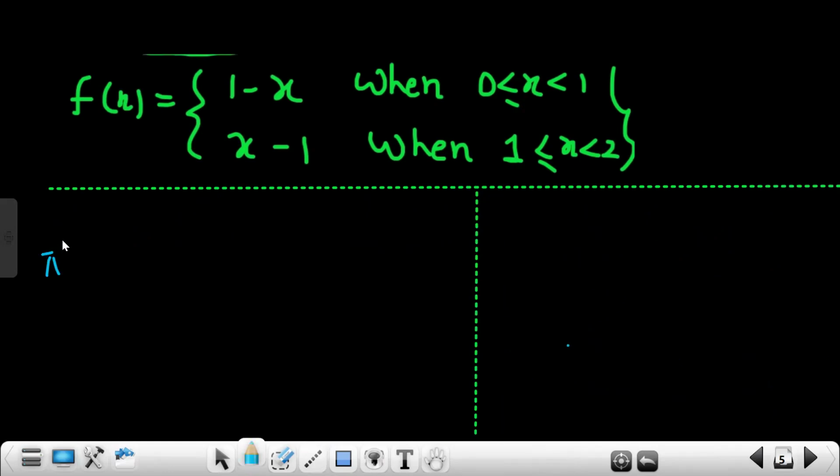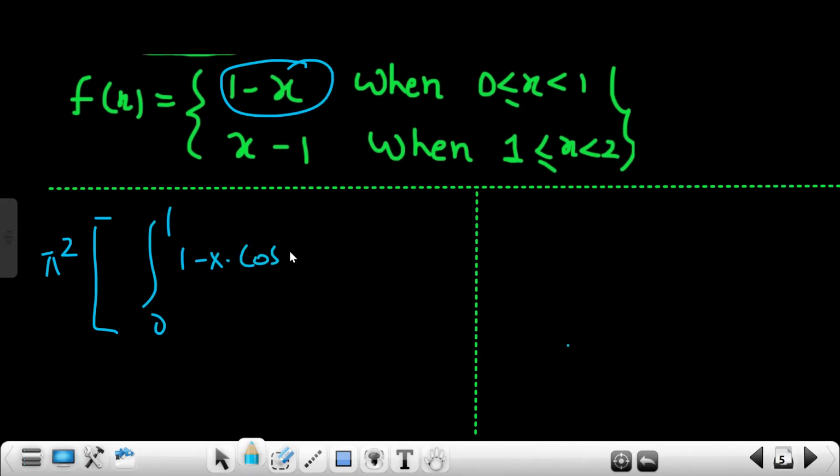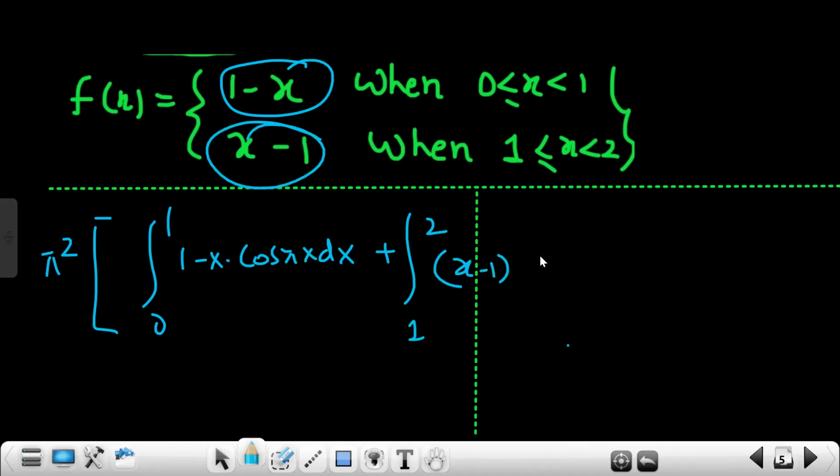Pi square we will keep as it is. When f(x) is in 0 to 1, which function will we take? 1 minus x into cos pi x dx, plus from 1 to 2, this function, x minus 1 into cos pi x dx. Any doubt here? I guess no doubt.